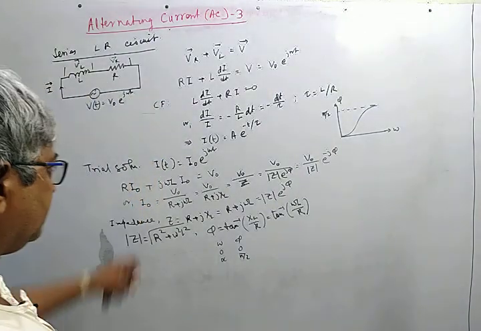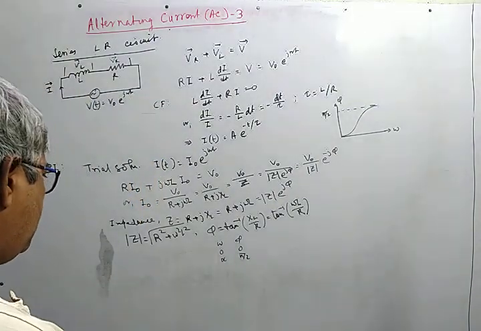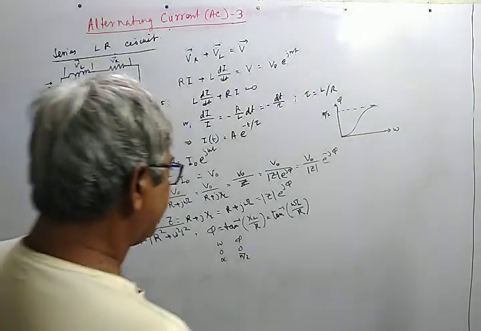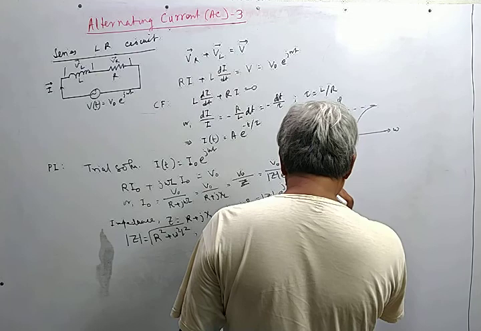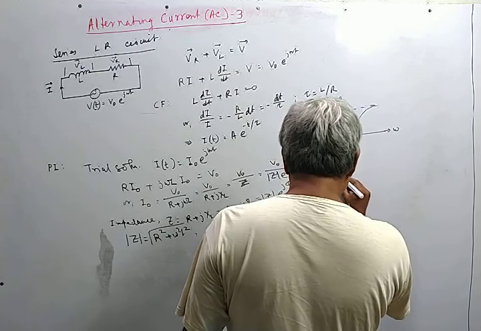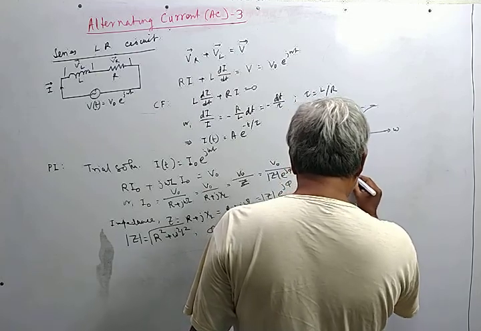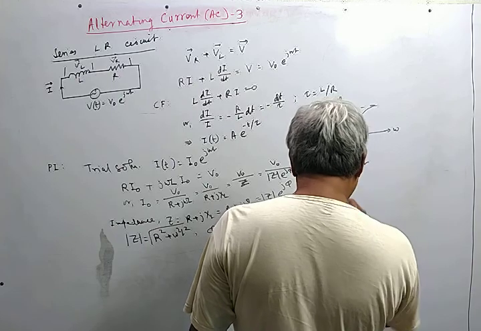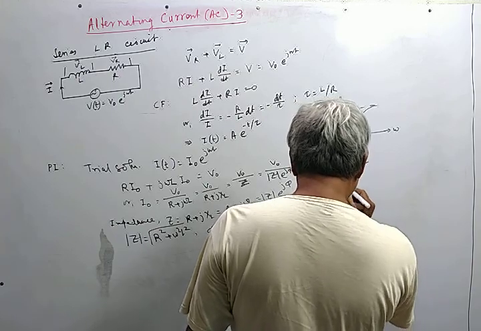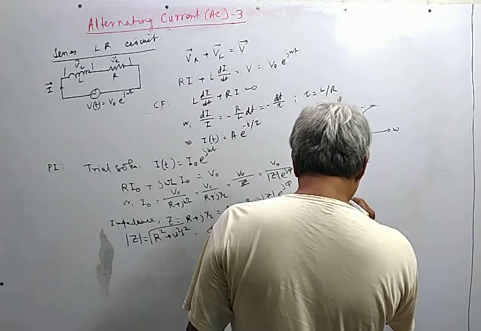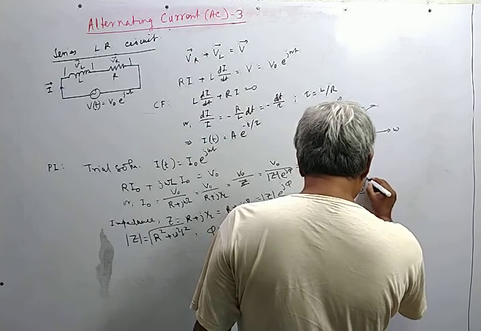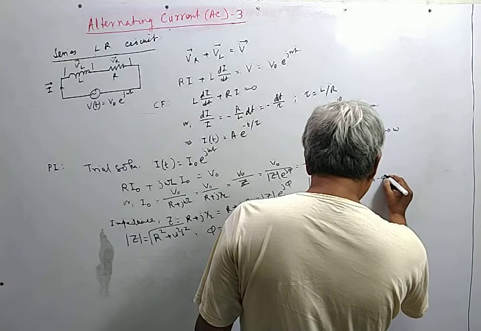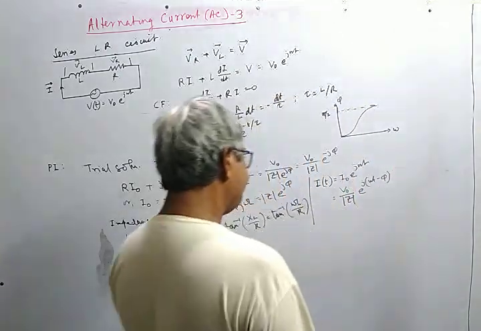This is for I0. So we write I as a function of time is equal to I0 e to the power j omega t, which is equal to V0 by mod Z, a real quantity, times e to the power j omega t minus phi.